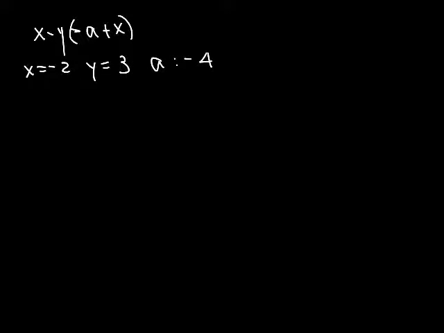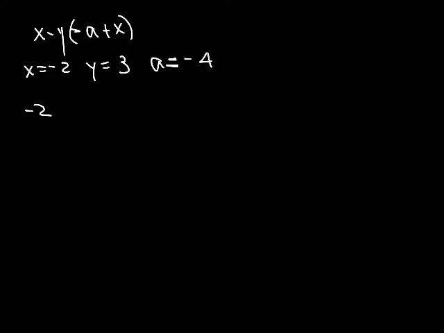Okay, we're going to jump up to example 14.6. We have an x minus y, and that y is being multiplied by negative a plus x. All right, so x is negative 2, y is 3, and a is negative 4. So let's see what we've got.